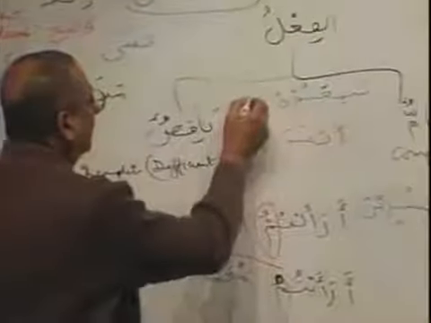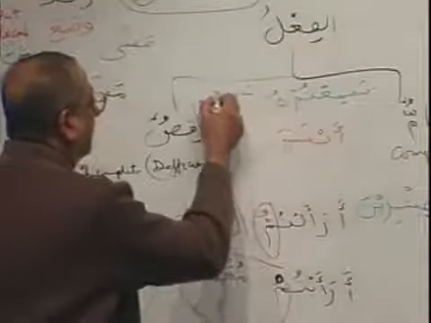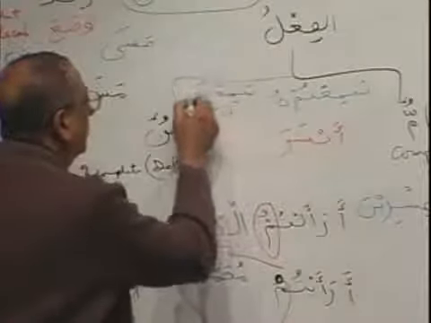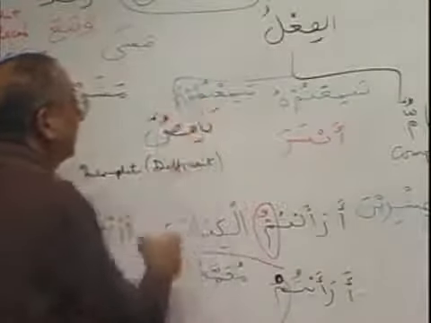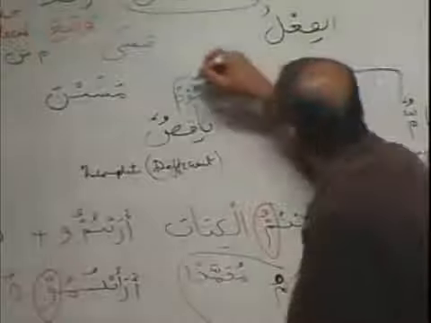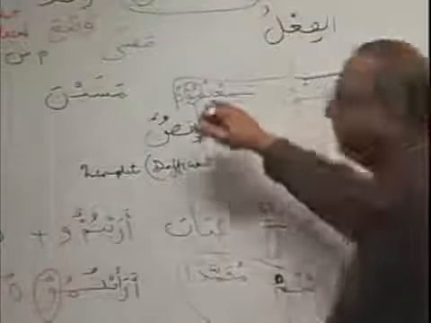How will I pronounce it? Samitumuhu. What did I do, brothers and sisters? All I did was add dhamma on meem and an extra vowel. Again, I remind you, when will this take place? In the antum form in the madi. That's all.